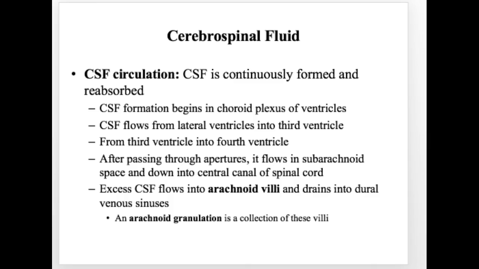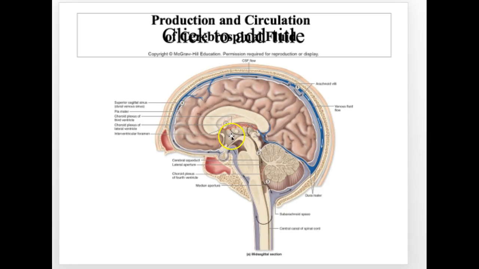Cerebrospinal fluid is constantly circulating, it's constantly formed and reabsorbed, and it follows this pathway from the lateral ventricles to the third ventricle to the fourth ventricle, and then surrounding the brain and back into the lateral ventricles.